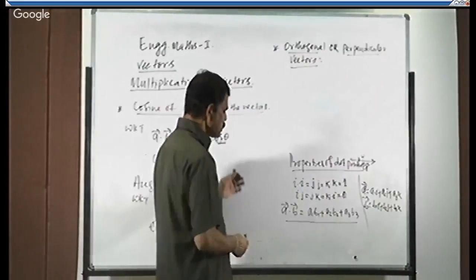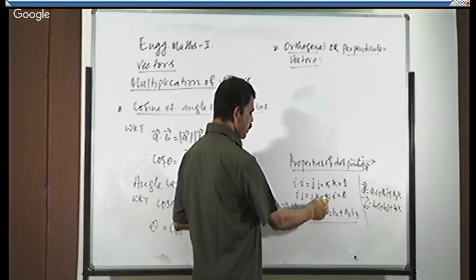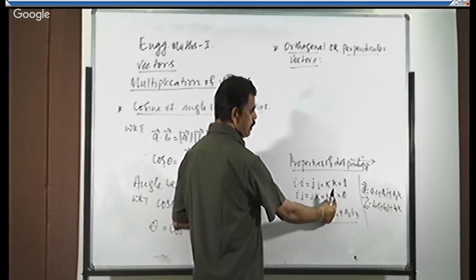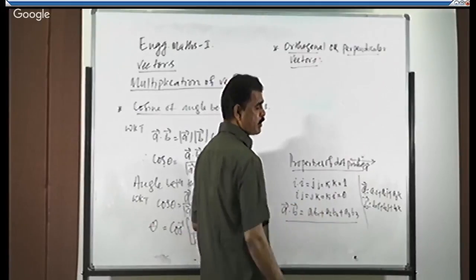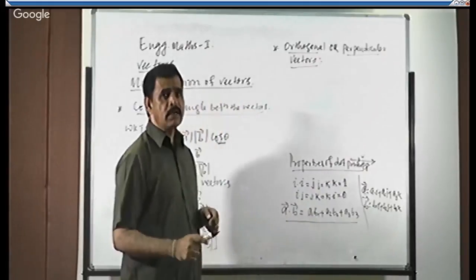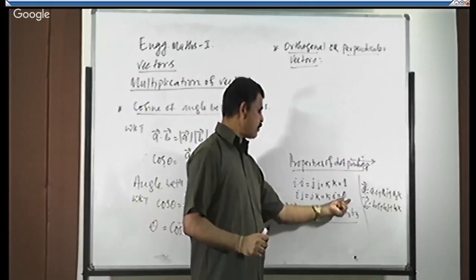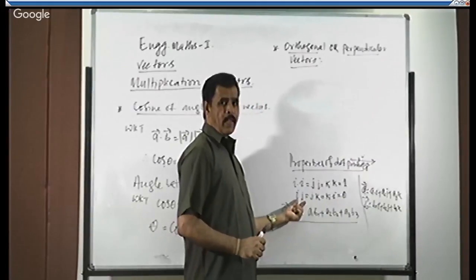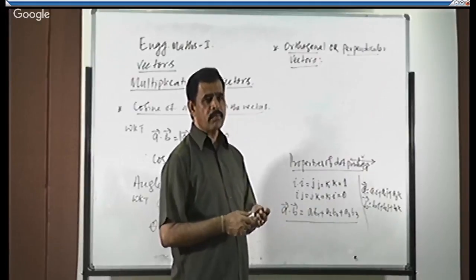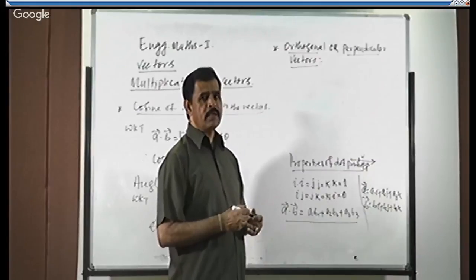Correct? See, I dot J, J dot K, K dot I, they are the perpendicular vectors along the x-axis, y-axis and z-axis. If I take any two perpendicular axes, unit vectors i, j, their product is always 0. It means that when two vectors are orthogonal or perpendicular, their dot product is always 0.